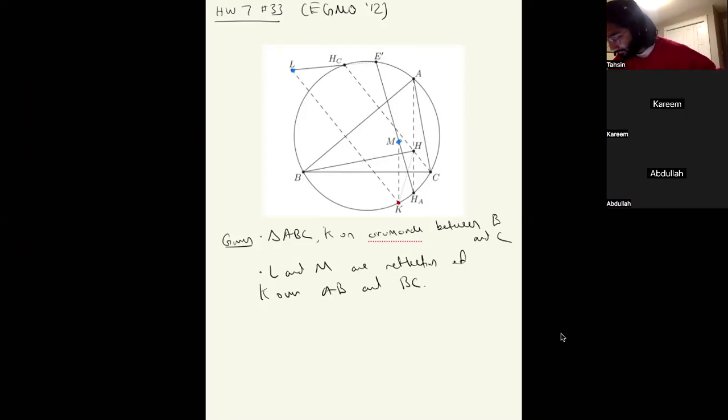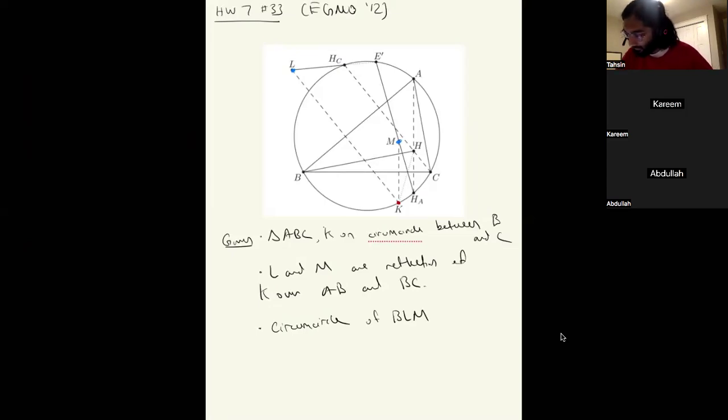And then what do we do? It's not drawn here, but we took the circumcircle of BLM.